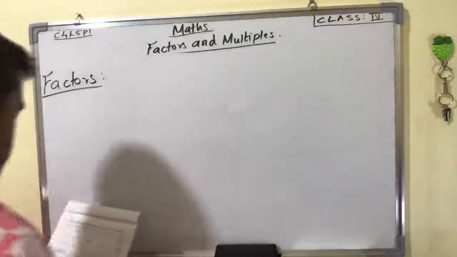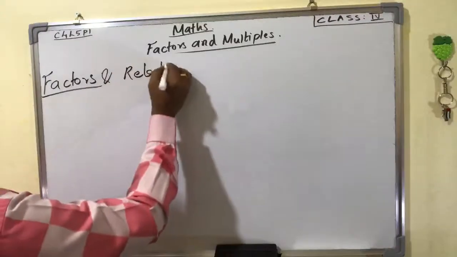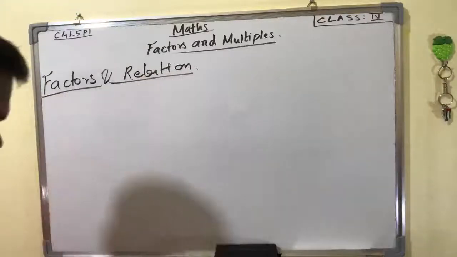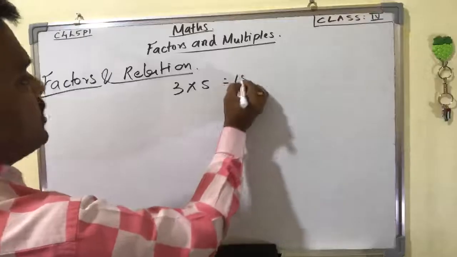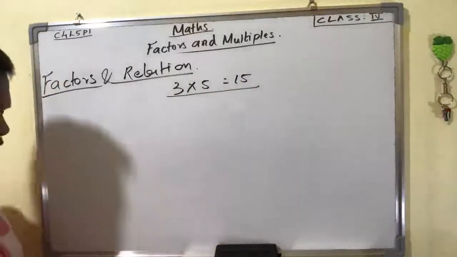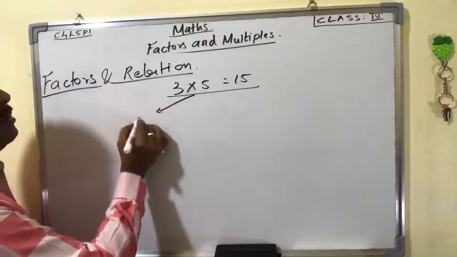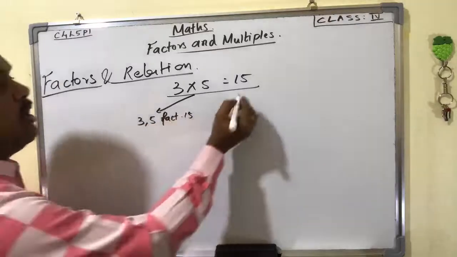Factors and multiples relation. What is the relation between factors and multiples? You know, 3 5s are 15. 3 and 5 are factors of 15.